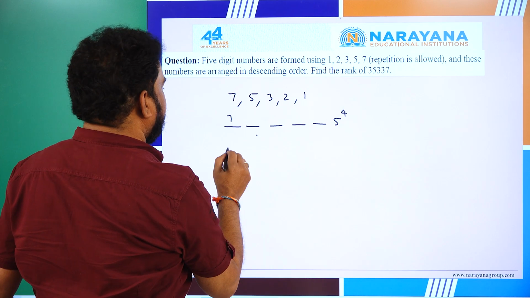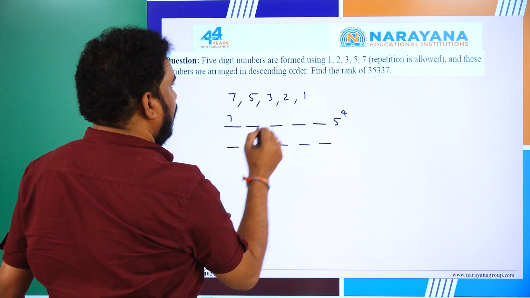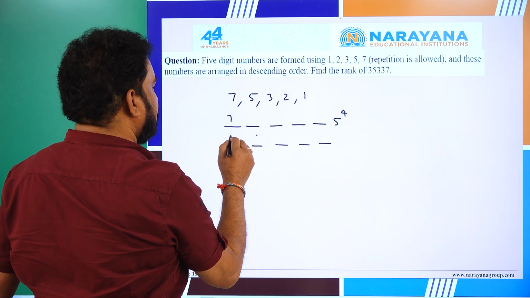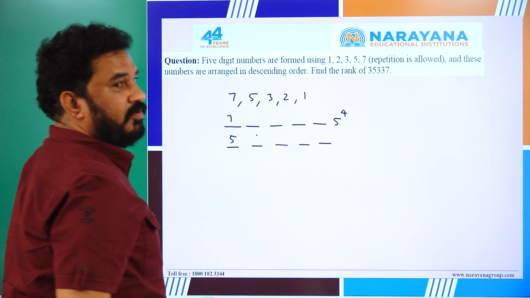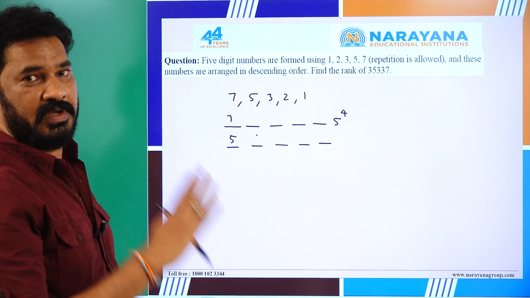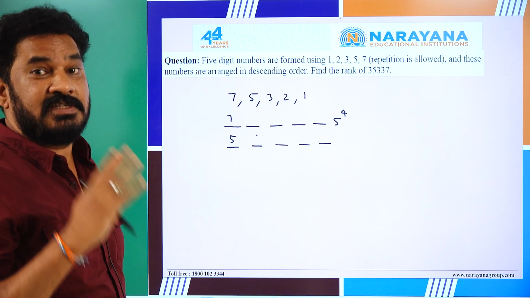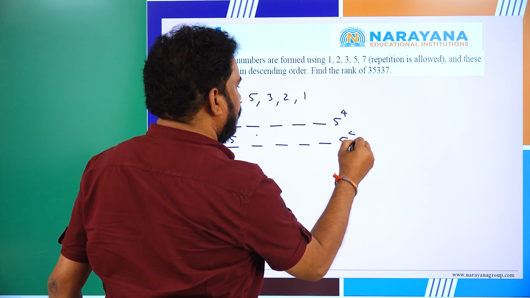Next we start with 5, which comes next in decreasing order. I used 5, so again the remaining 4 places can be filled in 5 into 5 into 5 into 5 ways, because repetition is allowed. So again this is also 5 power 4.